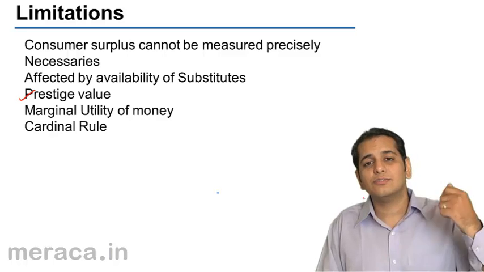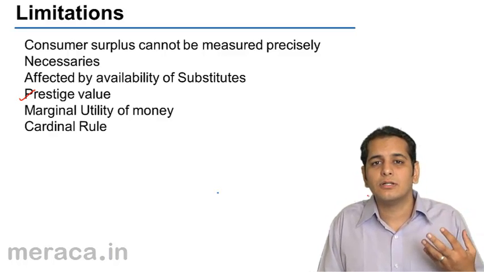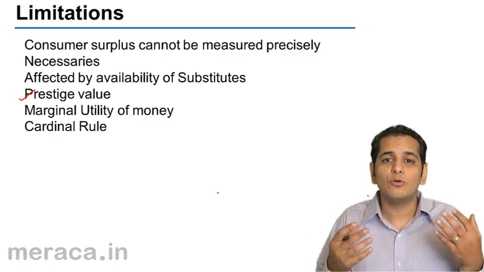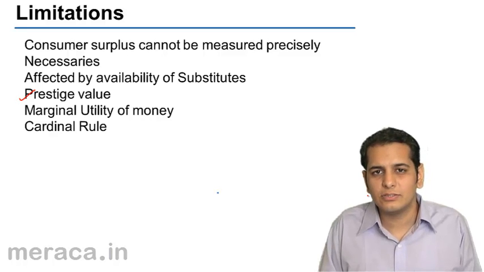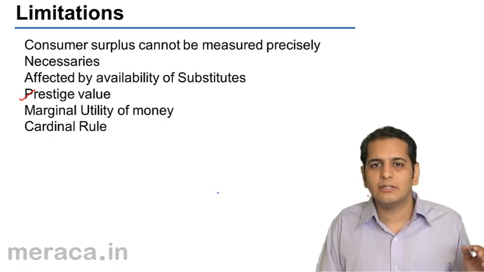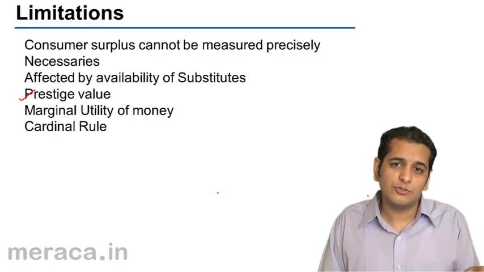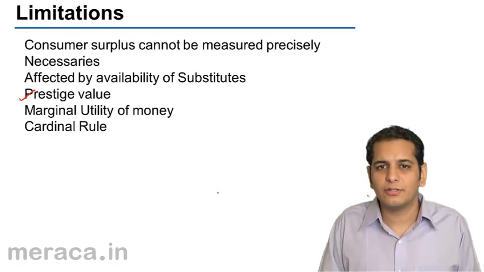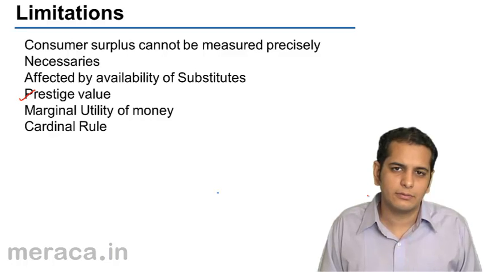So when the consumer satisfaction goes on increasing, the consumer becomes ready to pay more and more for every additional product. In this case, the demand curve will be directly proportional to price, and consumer surplus cannot be calculated because it will not be downward falling.